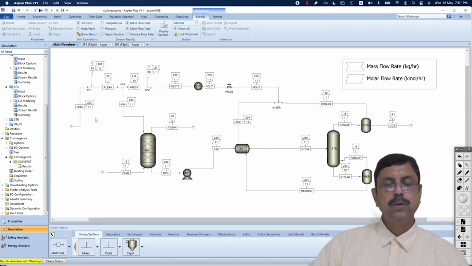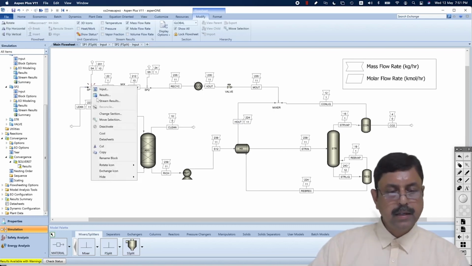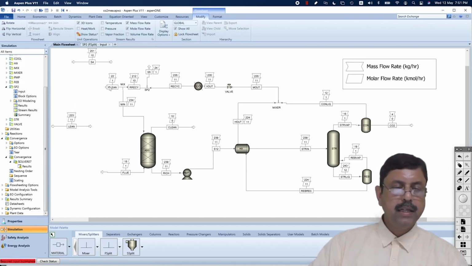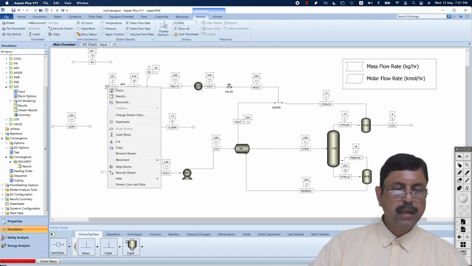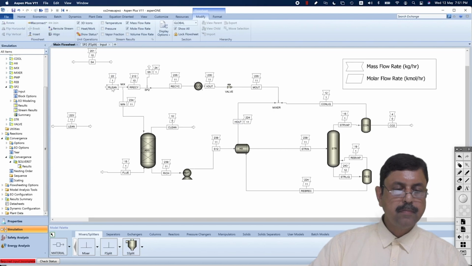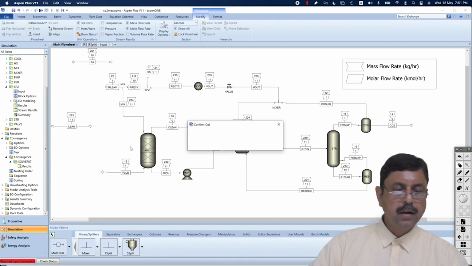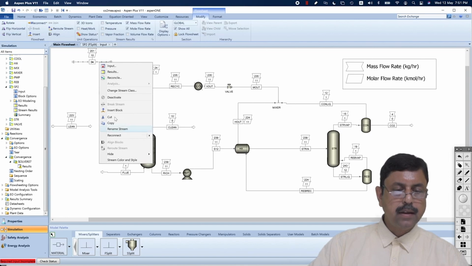What we may argue that, well, this splitter we do not need. Instead, we will give 10% of the lean amine over here. So this one also we can delete. Cut. And we can cut this as well.